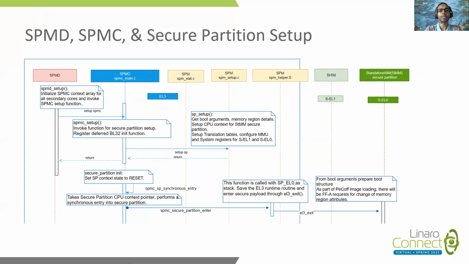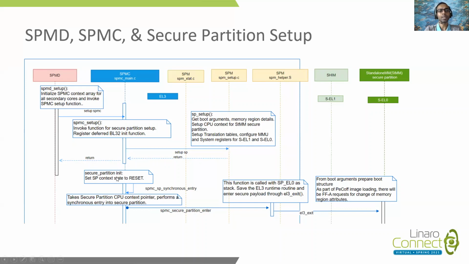And it prepares the CPU context for StandaloneMM, which is the user secure partition in this case. Once setup of the secure partition and the preparation has been completed, it will return back to the SPMC setup routine, and there it will register a secure partition init routine and return back to the SPMD, where the setup functionality completes.